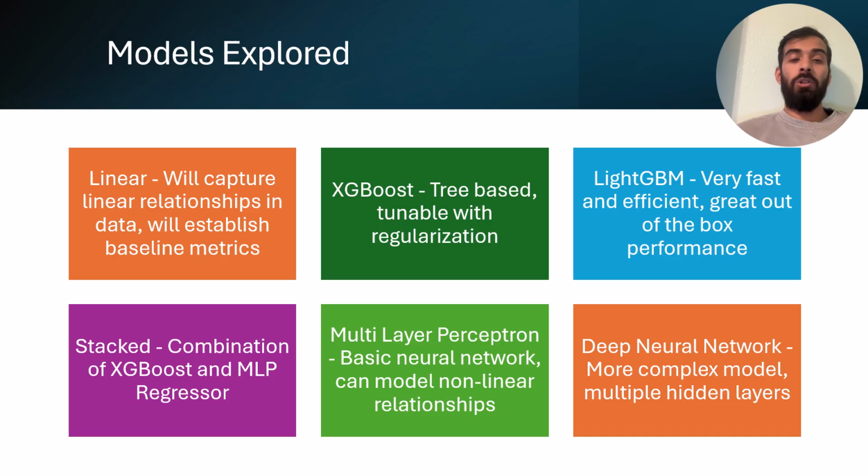And then 2 deep learning methods, the first one being a multi-layer perceptron, which is a basic neural network architecture capable of modeling non-linear relationships with 1 or more hidden layers. And then finally a deep neural network, which is a more complex neural architecture with multiple hidden layers, enabling the capture of intricate patterns and hierarchical feature interactions within the data.